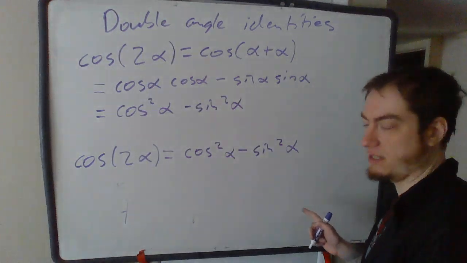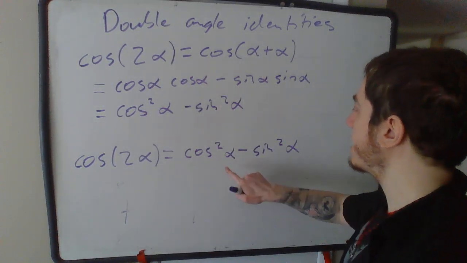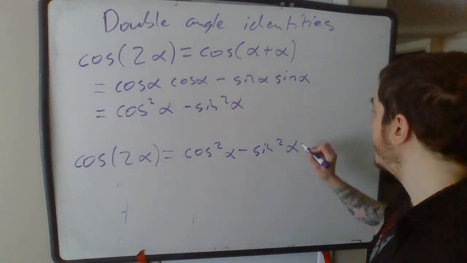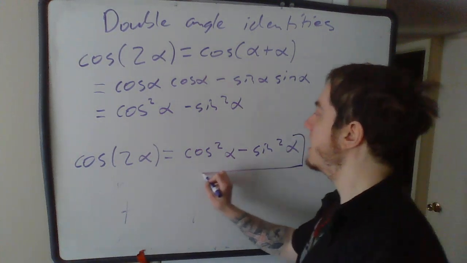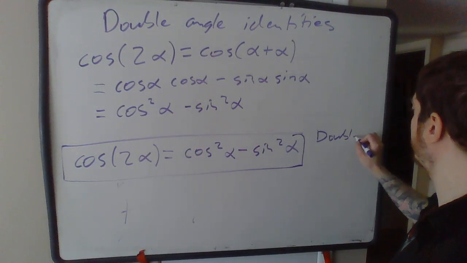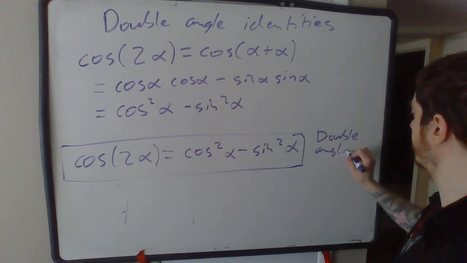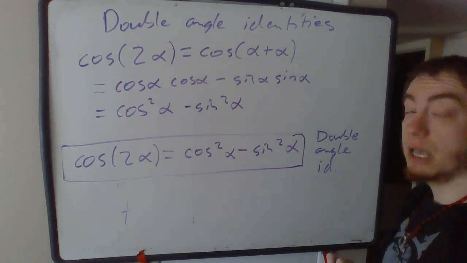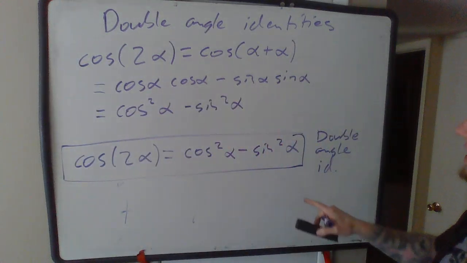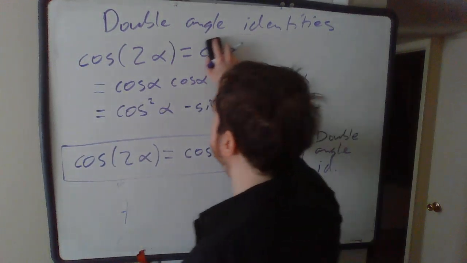I want to show you how I can rewrite this using the Pythagorean identity to get two other forms. But first of all, this is one of the double angle identities. We're going to see more in a moment, but first let's see how we could rewrite this.